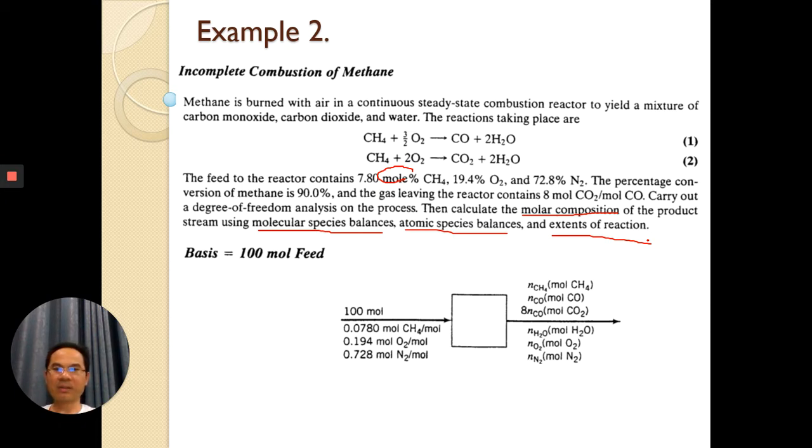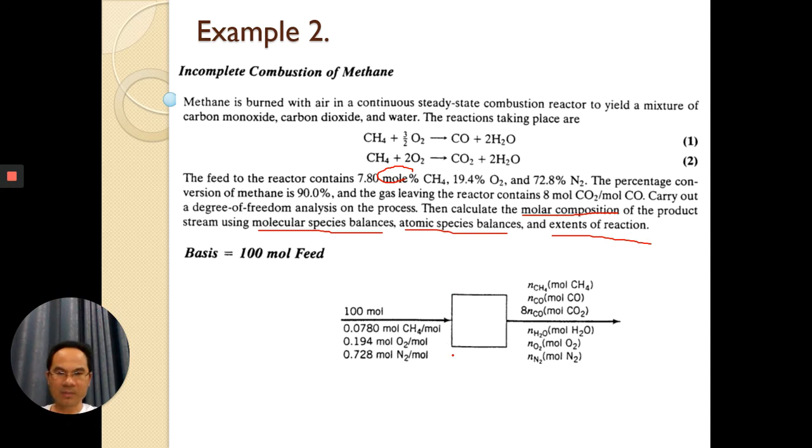The first step, we have to make a basis of calculation. For this case, we don't know the amount of flow rate, but we know the composition of the feed. We can assume the feed is 100 mole, so we base it on 100 mole of feed. Based on this basis, you can calculate the amount of methane, oxygen, and nitrogen in the feed. Then you draw the flow chart.